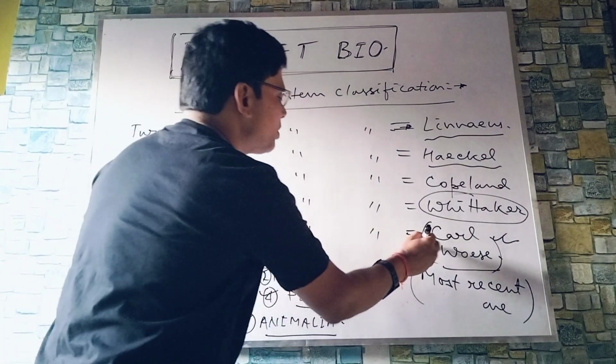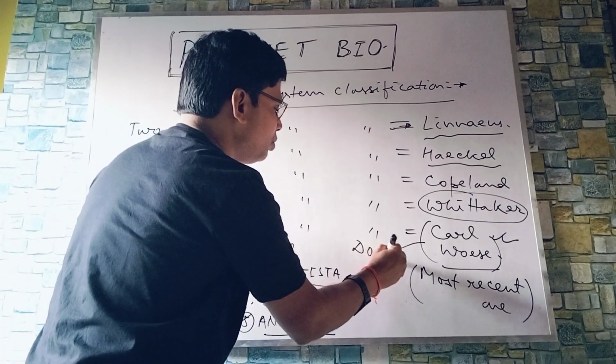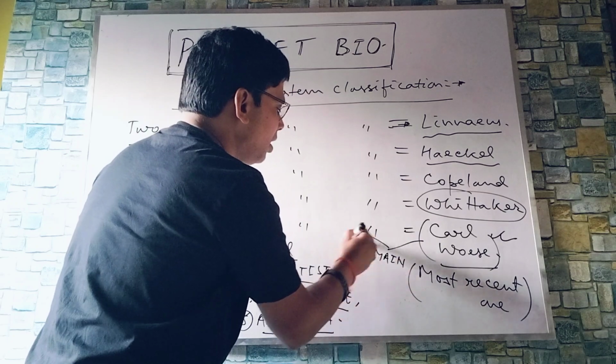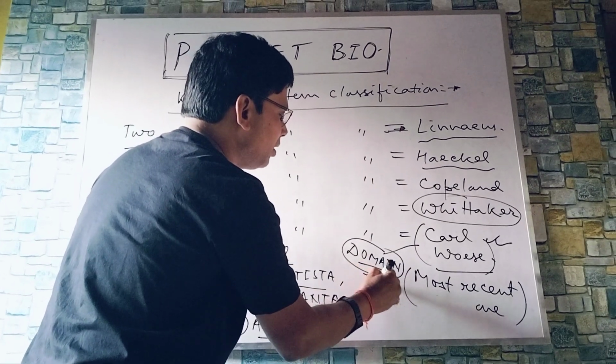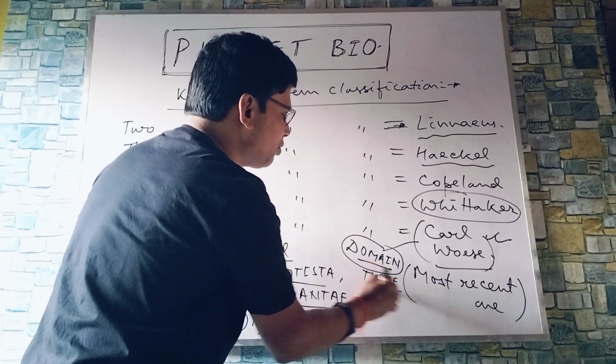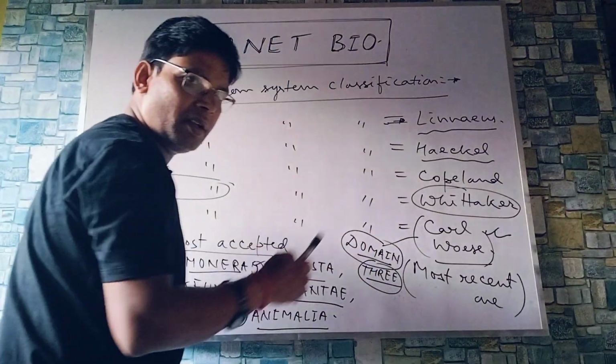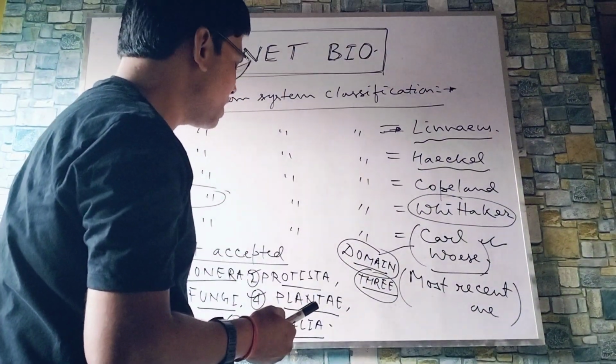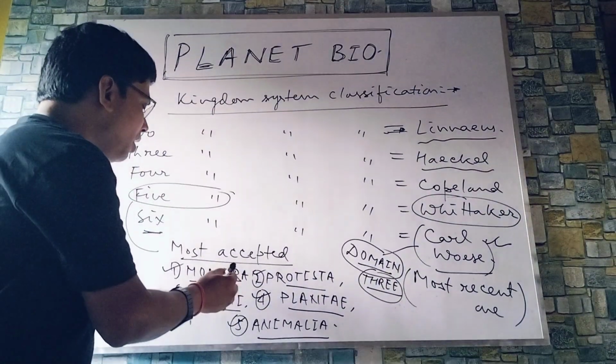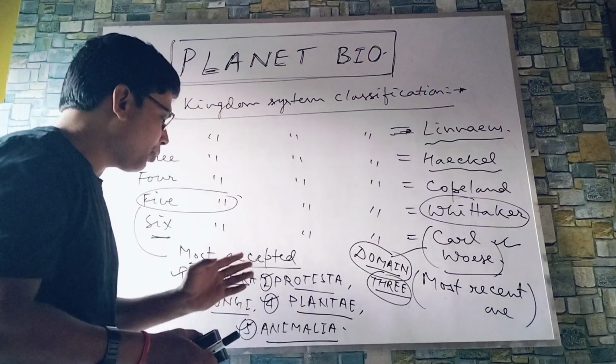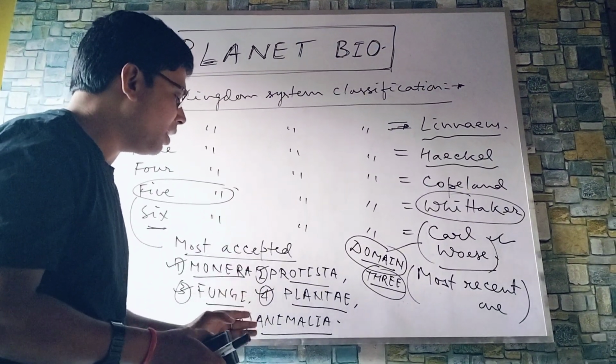Here Carl Woese mentioned a new term, domain. So there were three domains and six kingdoms. We have to study in detail Monera, Protista, Fungi, Plantae and Animalia.